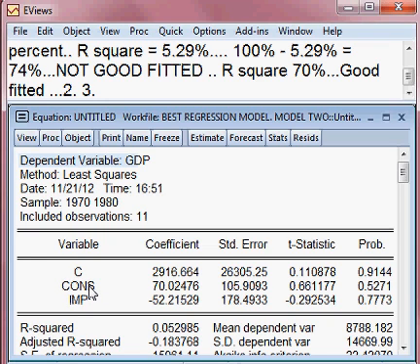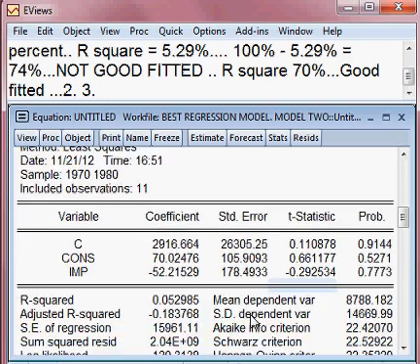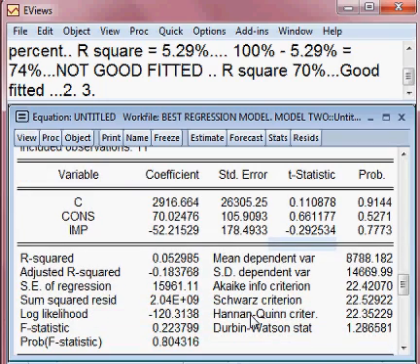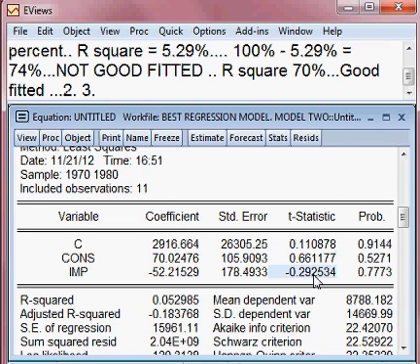Last time, to check the individual significance, we used the T statistics. But for joint significance, we should use F statistics, not T statistics.